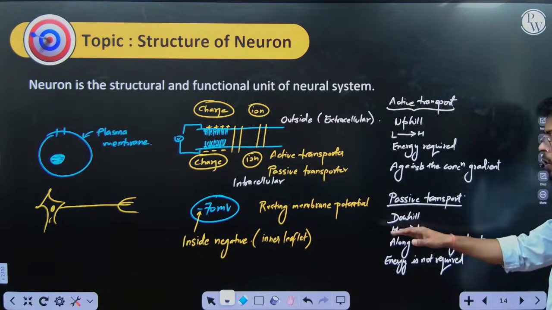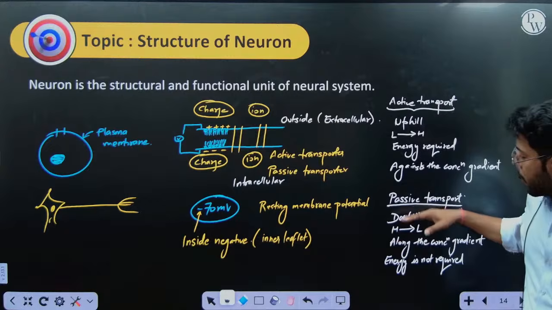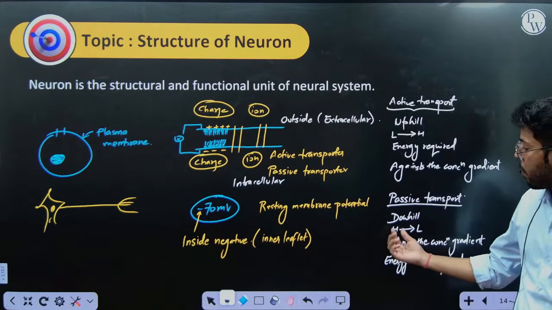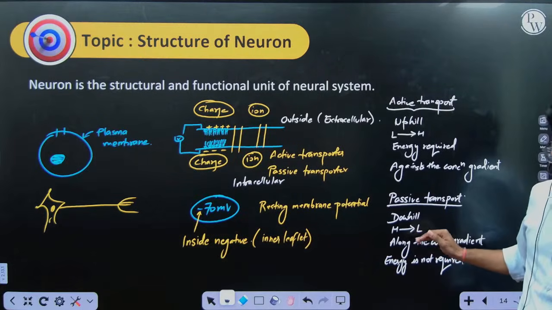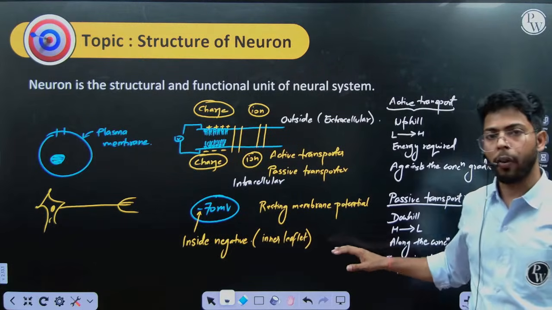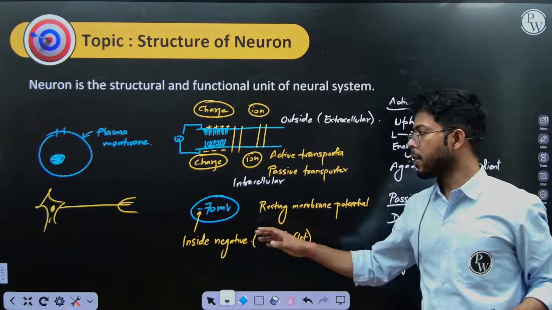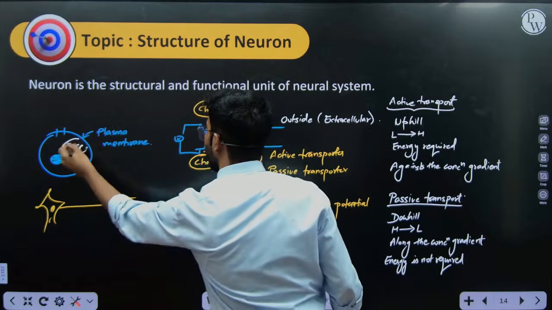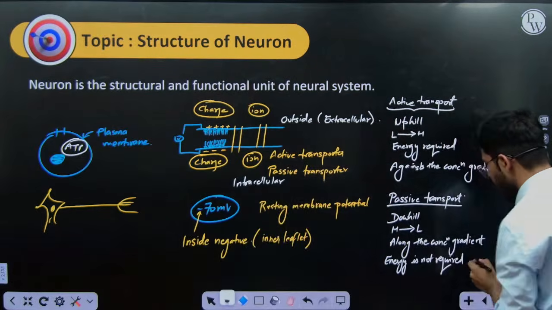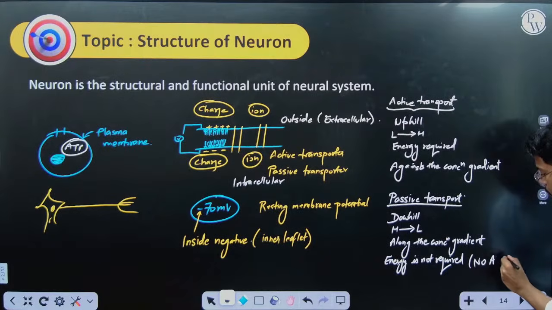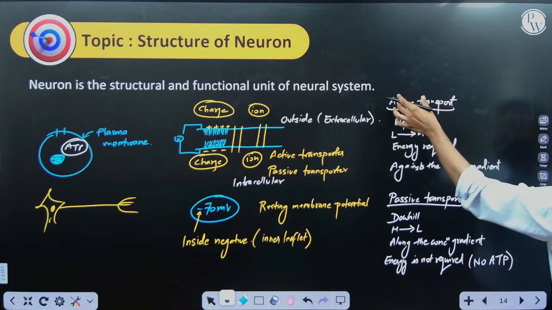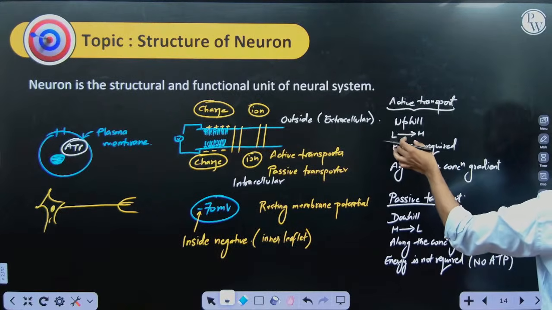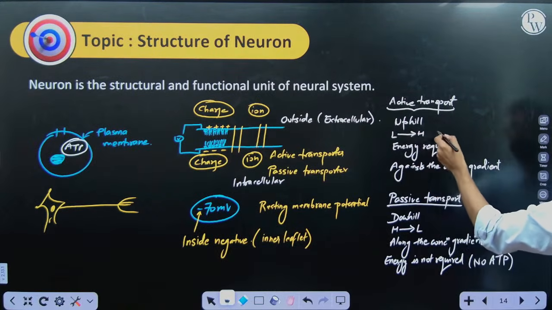So passive transport is a downhill process, and the flow of the ion or any particle is from high to low concentration, that is along the concentration gradient, and we do not require energy. In our cells, the energy is in the form of ATP. So in passive transport, no ATP is required, but in active transport, energy is required because it is against the concentration gradient, from low to high concentration.